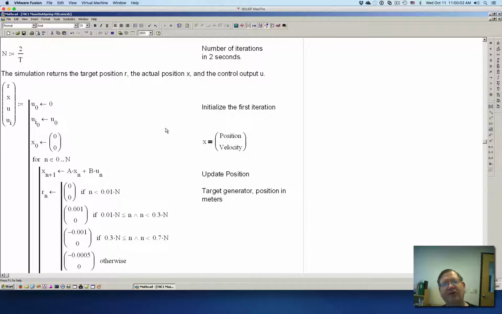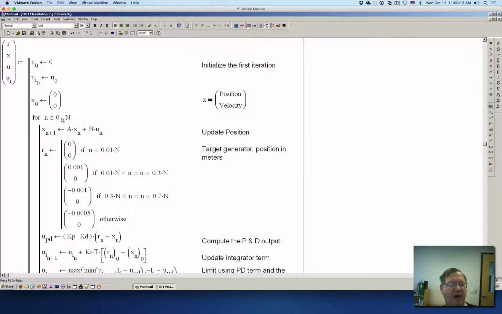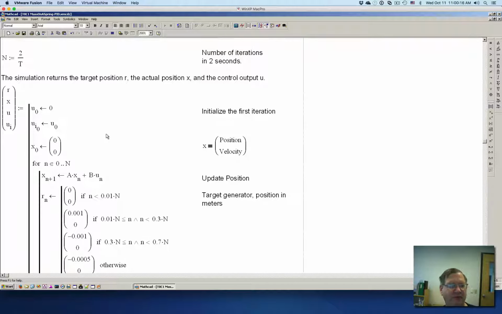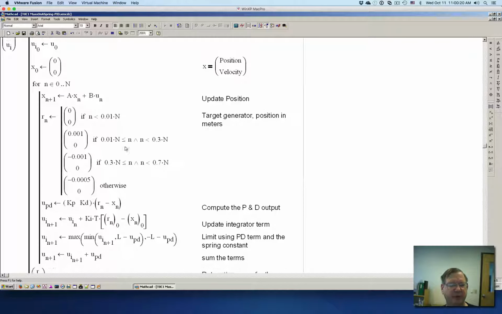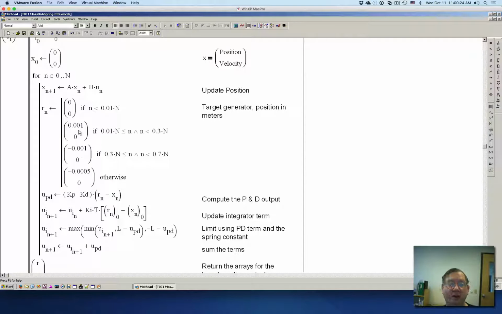And what I'm going to do is a series of step changes in position, and I'm going to simulate for 2 seconds. So I have my initial values. My initial state is position and velocity. I'm going to run for n iterations, which happens to be 2,000 because my time period is 1 millisecond. I have a few steps to different positions. You can see it's only 1 millimeter.